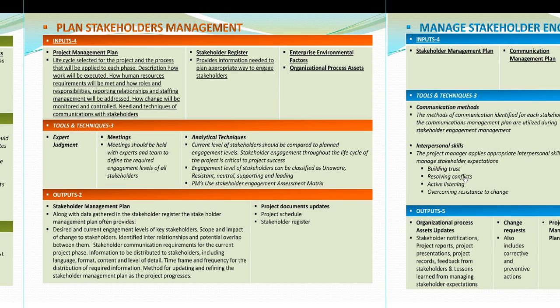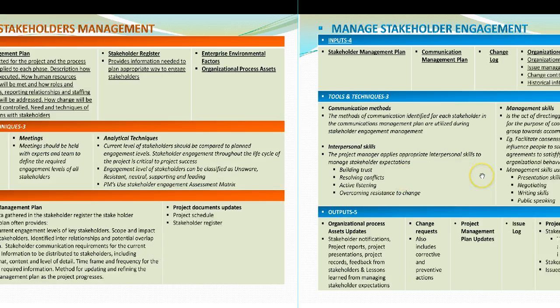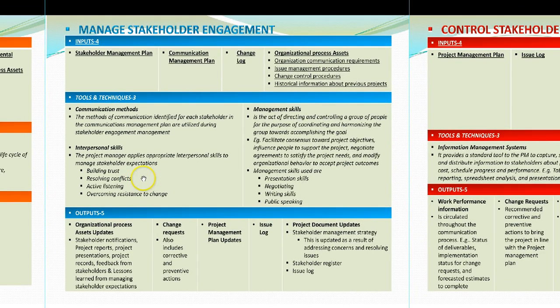Once the planning for stakeholder management is done, I have to make sure that I manage these stakeholders' engagement. Now, a project can fail if the stakeholders are not engaged in the project. Some stakeholders don't have time for the project. They're just a name there, and they're pretty strong when it comes to the position of being a stakeholder, but they just don't have time for you.